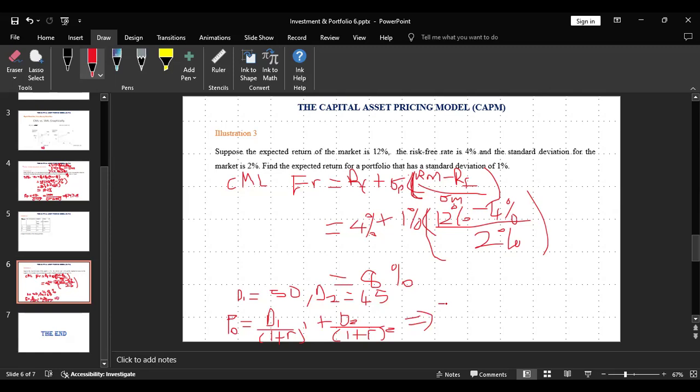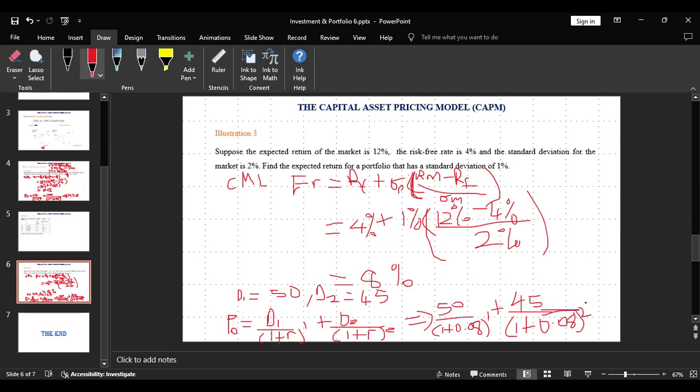So that would be 50 over (1 plus 0.08) raised to the power 1, plus 45 over (1 plus 0.08) raised to the power 2. Okay, so that is it.